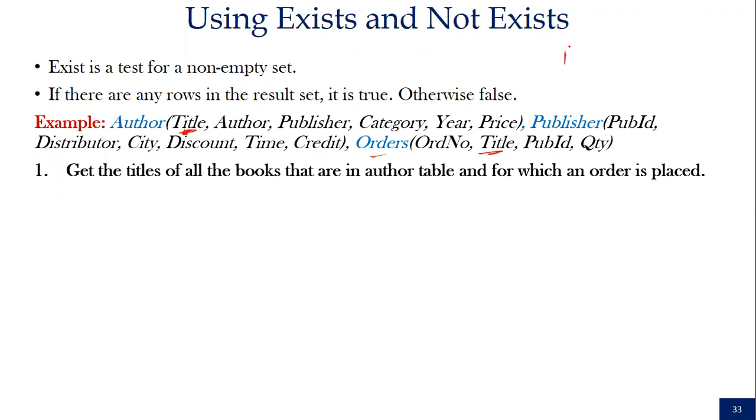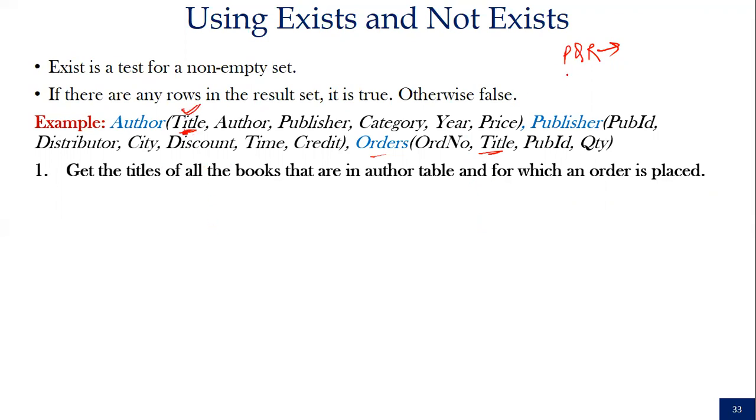Like if your title is PQR, now we have to check whether that title is available in the order table. It means for every row we are checking the whole order table: is there any title available in the order table, is that PQR available in the order table? If yes, then select that title row from the author table.